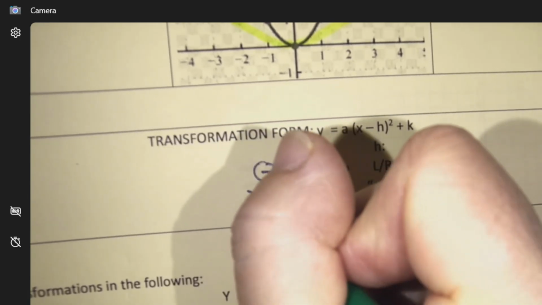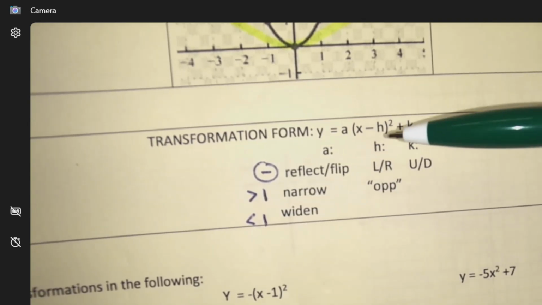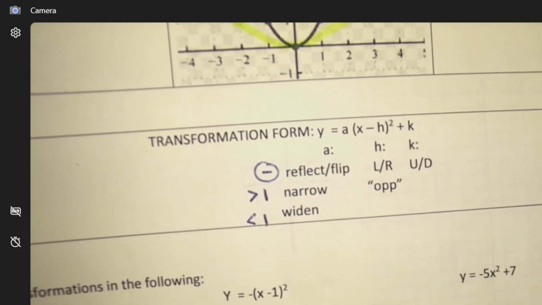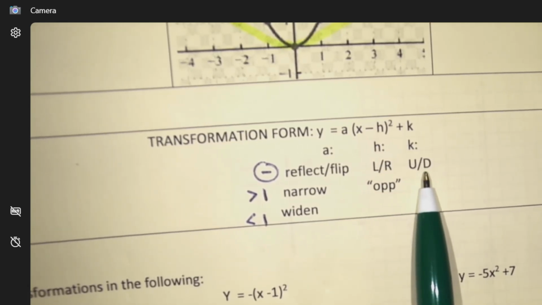If that multiplier was less than 1, it widened it. If there was a number in the bracket, you moved left or right, but you did it opposite. So if I saw a subtract 2, I actually moved right 2. And then this one goes up, down.